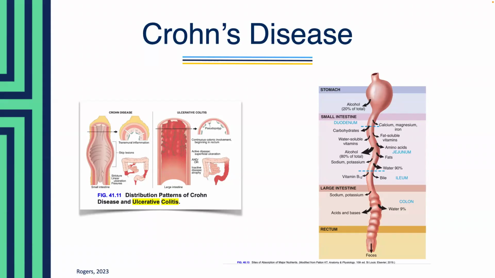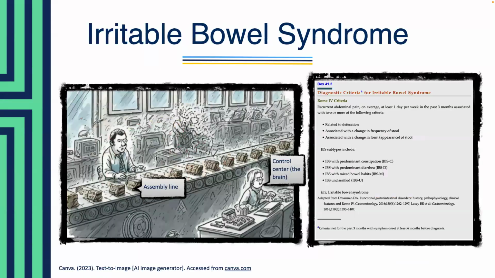And these cytokines contribute to the chronic inflammation and tissue damage that we see in these inflammatory bowel diseases like Crohn's and ulcerative colitis. So many of the drugs used to treat these conditions work by inhibiting or blocking the effects of the TNF alpha and those specific interleukins that we discussed. All right, let's take a look at IBS.